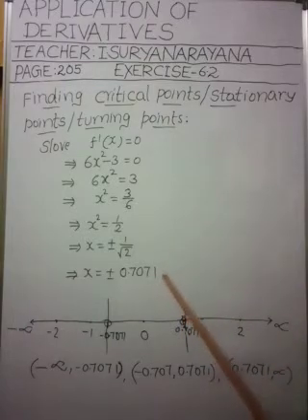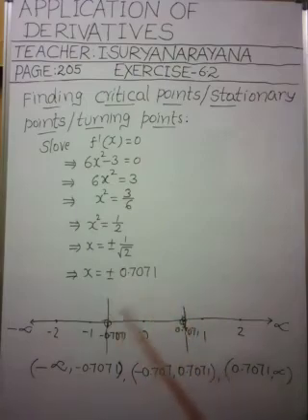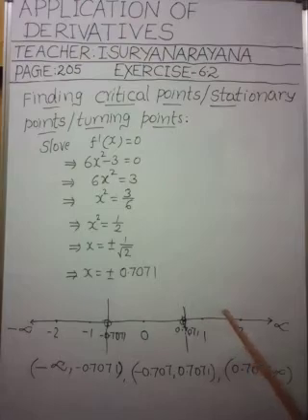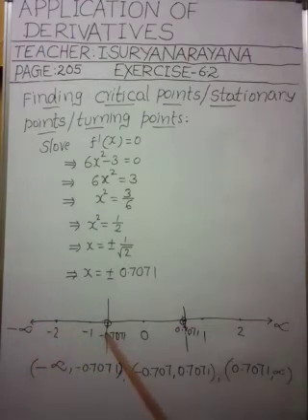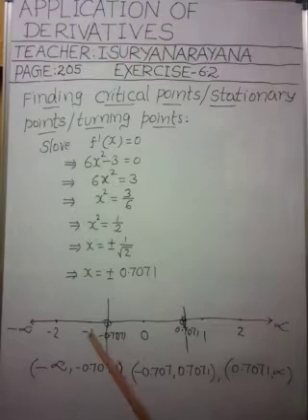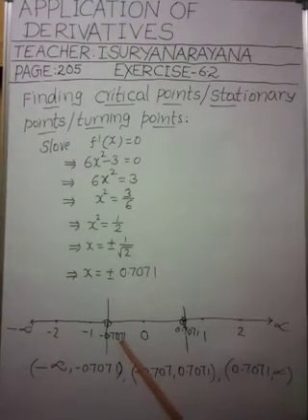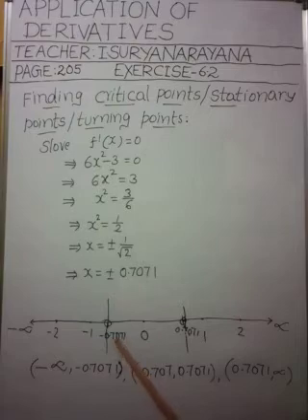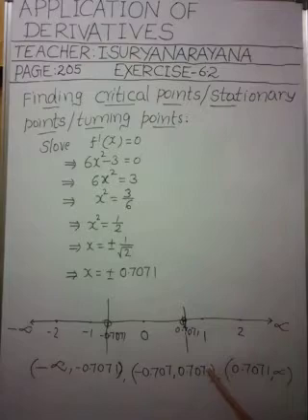If you observe this number line, these two numbers are dividing the entire line into three distinct intervals. Namely, minus infinity to minus 0.7071, this open interval. Next, minus 0.7071 comma 0.7071, this interval.